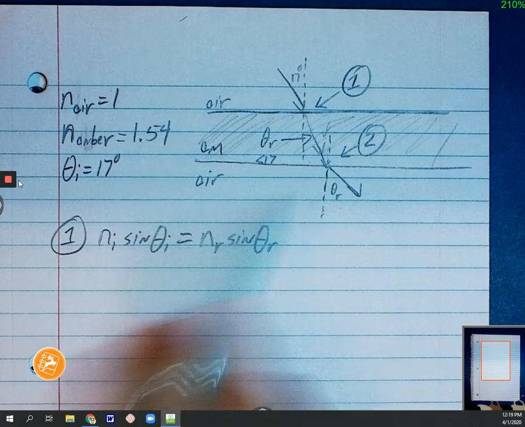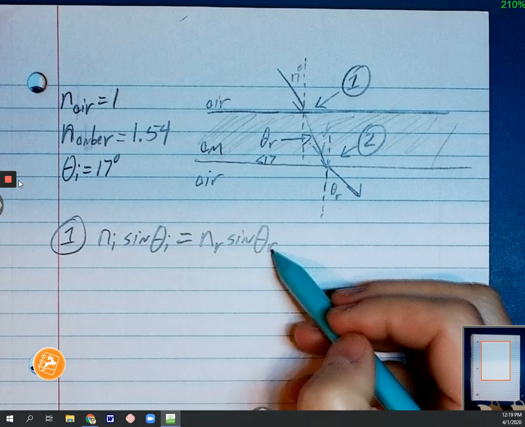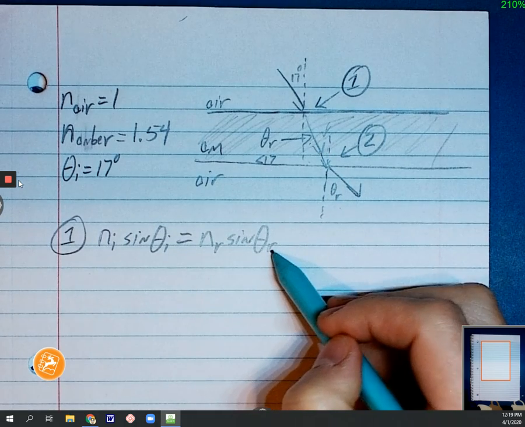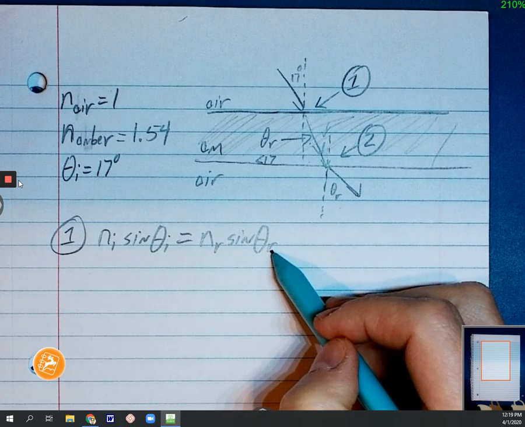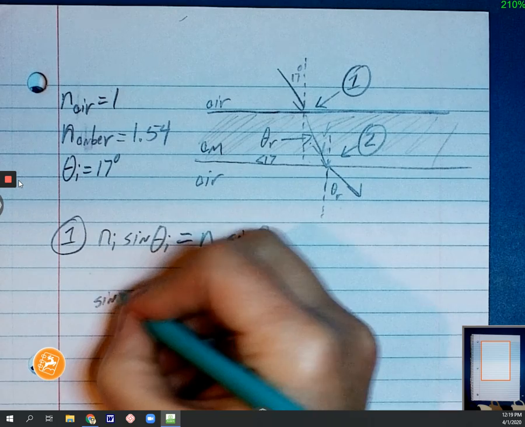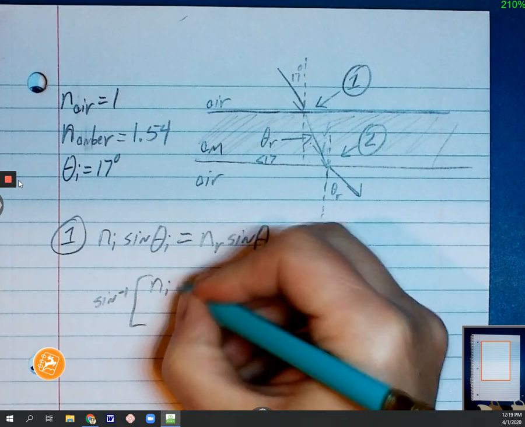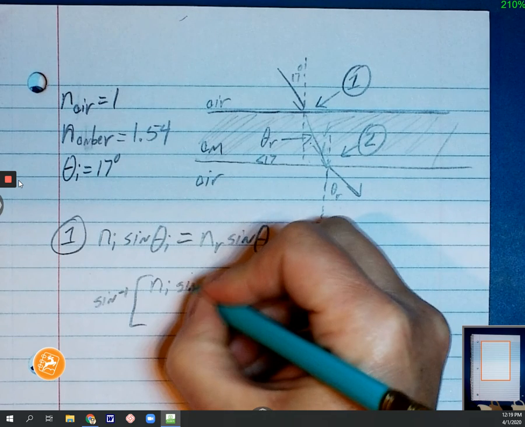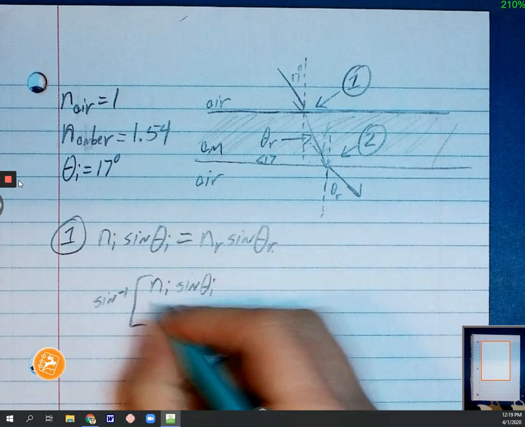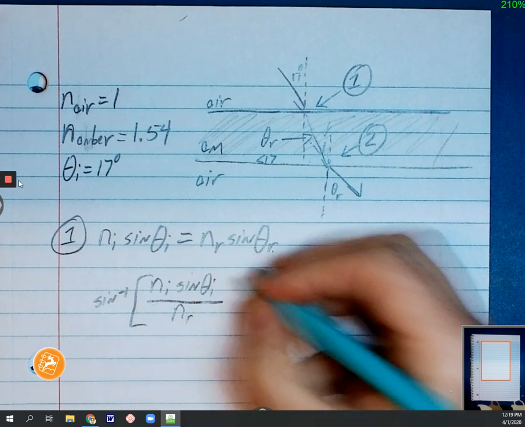So we're looking for, for starters, theta sub r. So rewriting all of this, we need to do sine to the negative 1 of n sub i times sine of theta sub i over n sub r.